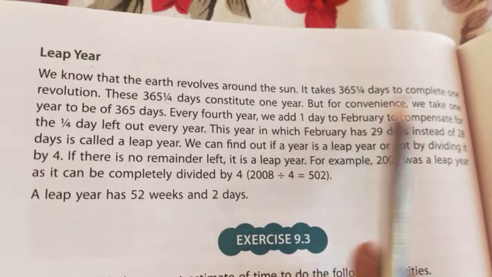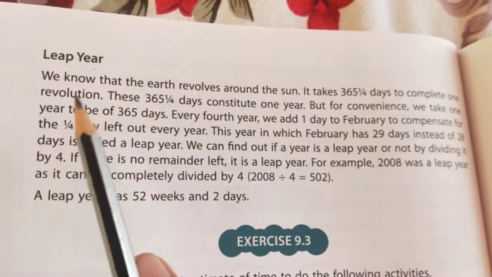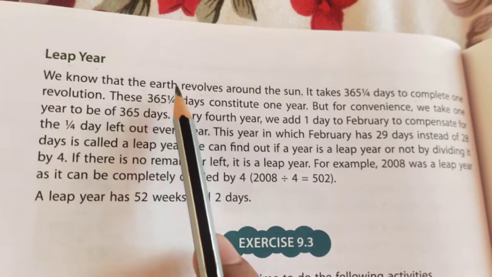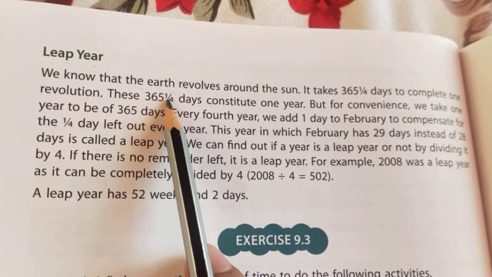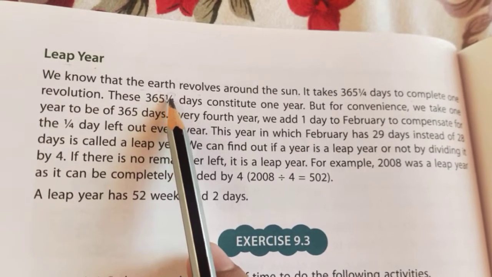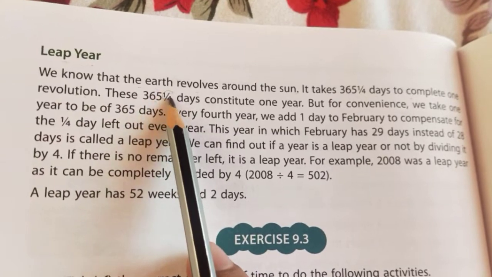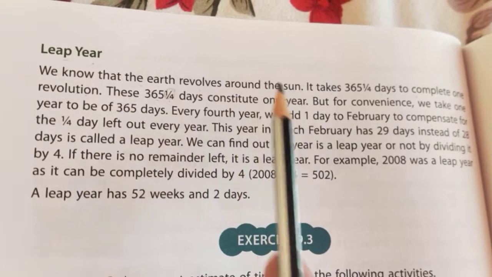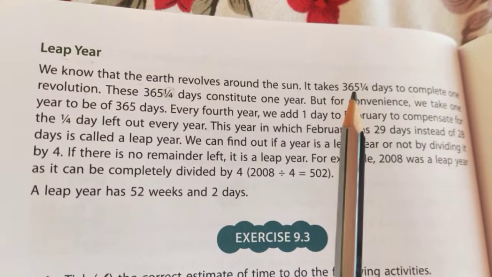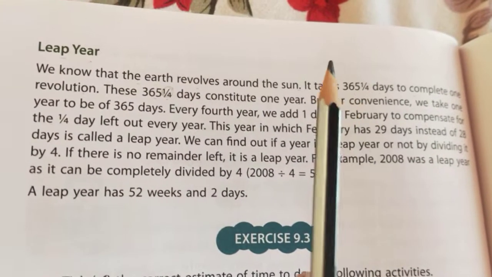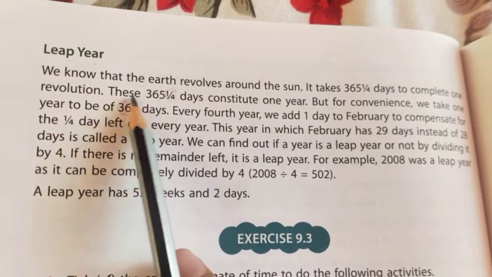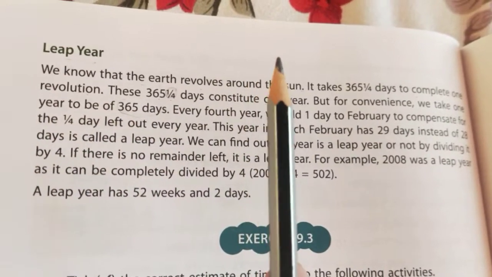But for convenience, we take 1 year to be of 365 days. We will not get a correct calculation if we take 1/4 day also for counting a year. So in order to make it easier to count 1 year, we just take 365 days for a year.